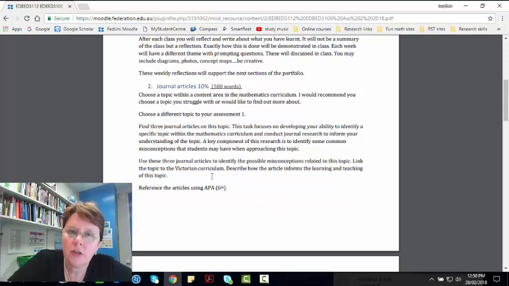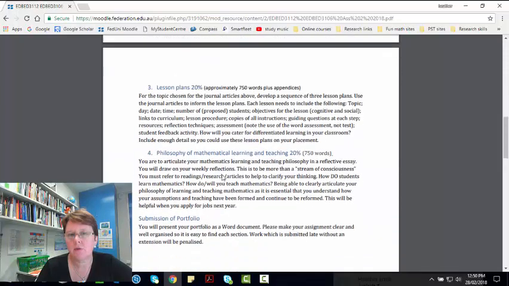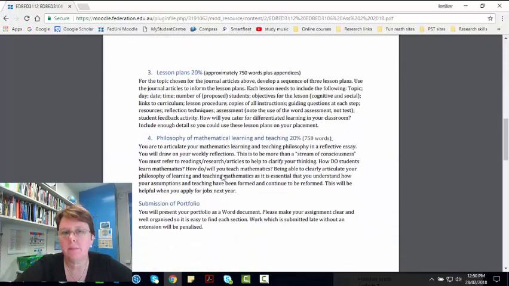From those 3 journal articles, you will then make 3 lesson plans. It's harder of course to stick to a word limit with lesson plans, around about 750, but for that part we're not really worried because we want you to be quite detailed in your descriptions.